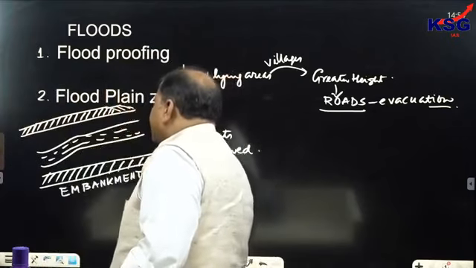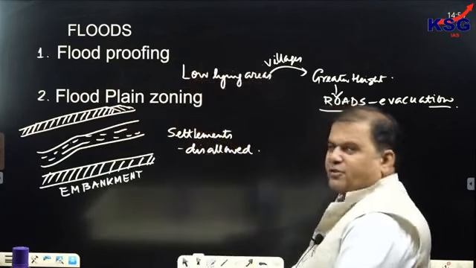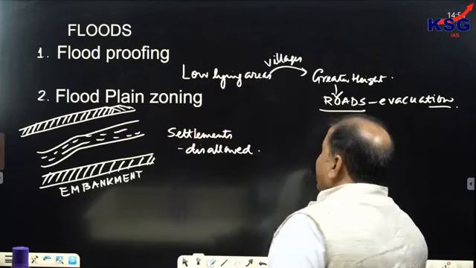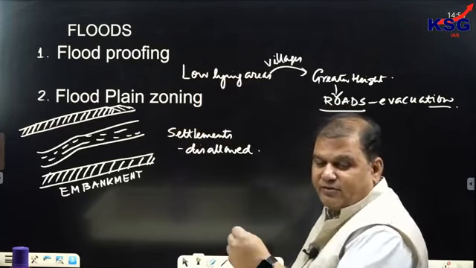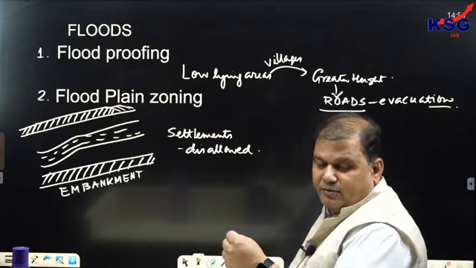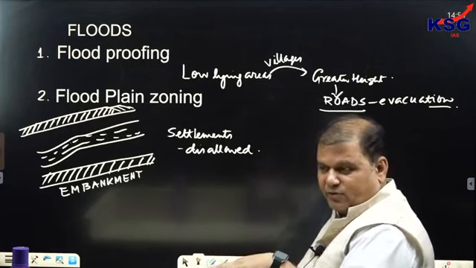And the third measure which can be taken is that we can establish extra reservoirs near dams, and they should be kept empty to accommodate surplus water which can occur due to subsequent rainfall.